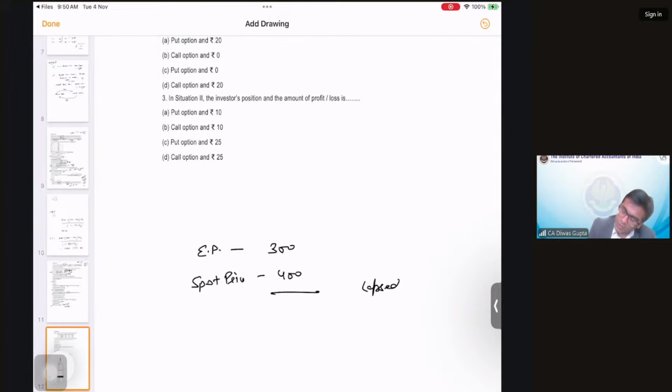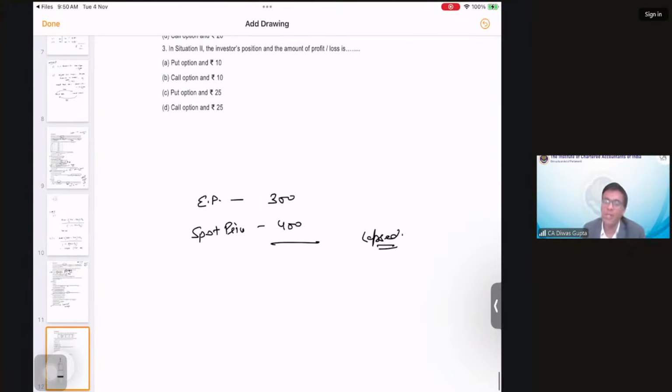Now it is lapsed, it is not exercised. So in which situation is the spot price higher than the exercise price and it's not exercised? It's basically a put option, right? Because had this been a call option, the spot price being higher than the exercise price, it would have been exercised. But this is a put option, hence it will not be exercised. So one thing is clear, that it is a put option.